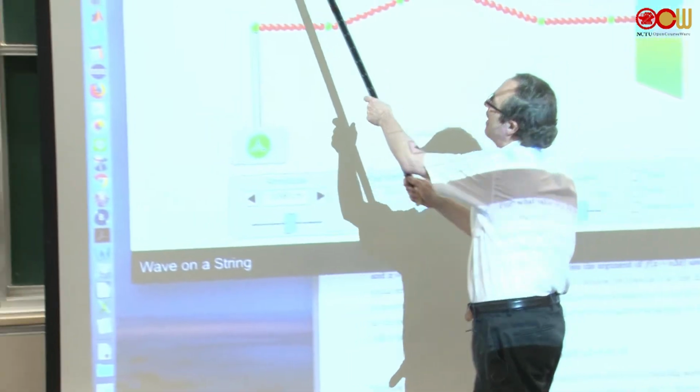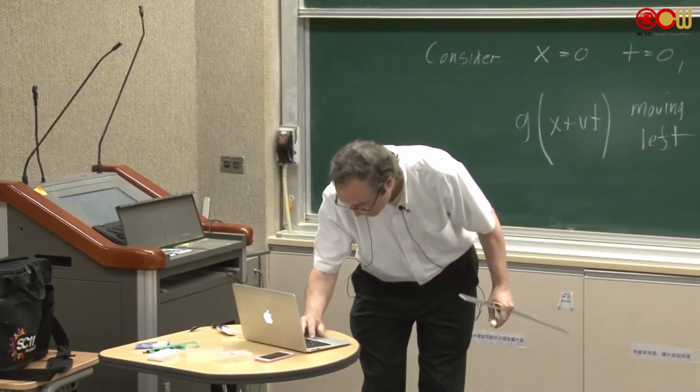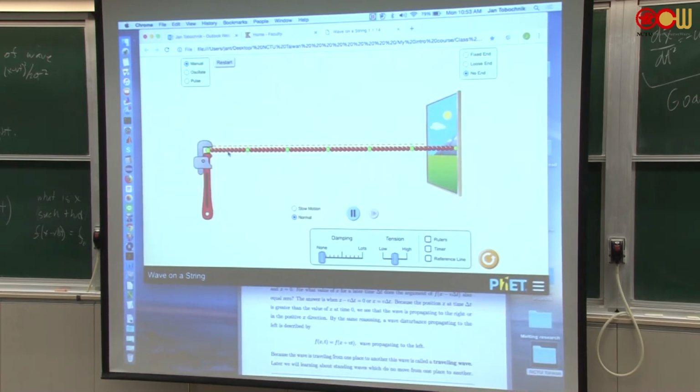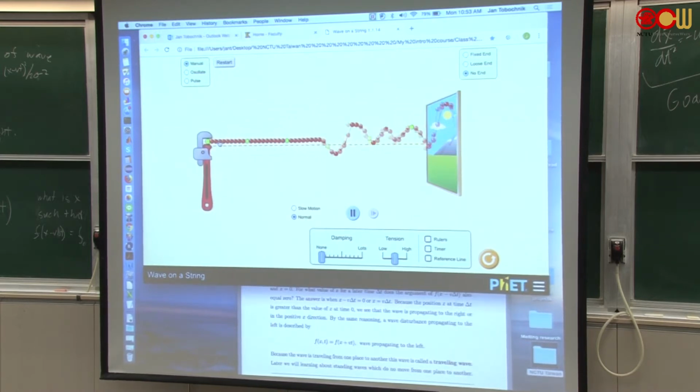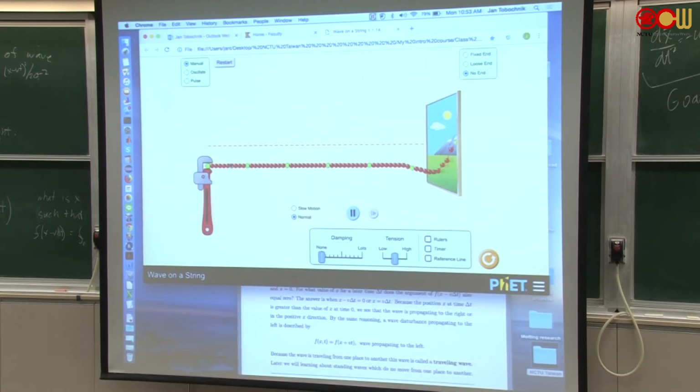Anything that I write here, this manual thing, anything I do, whoop, whoop, that can be written as some function like that. That could be anything moving to the right.